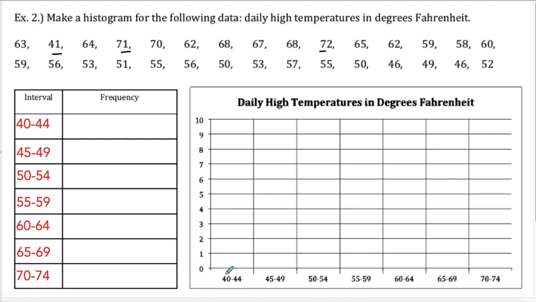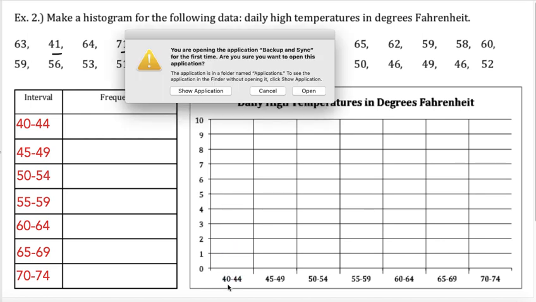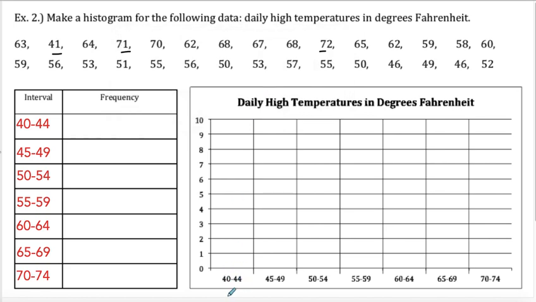And so groups of 5 go from 40 to 44. And sometimes it helps just to count that out on your fingers. 40, 41, 42, 43, 44. There's actually an interval size of 5 occurring here.